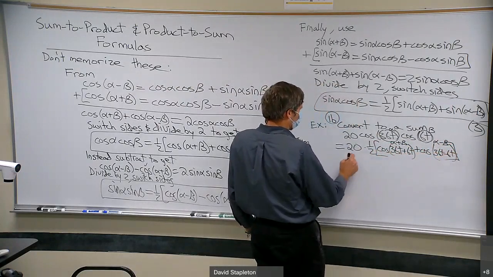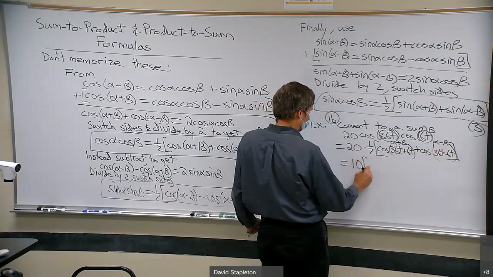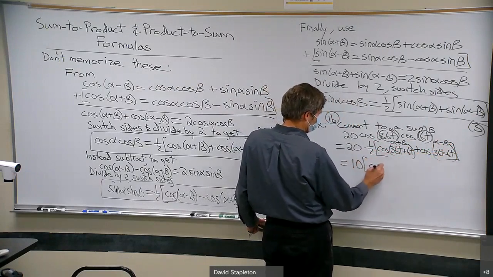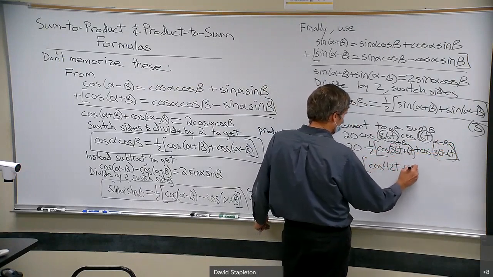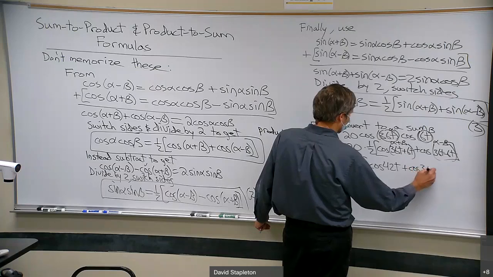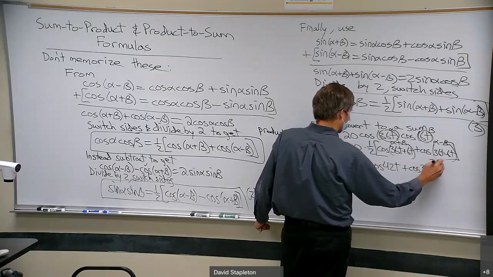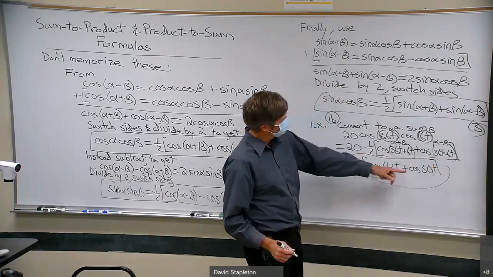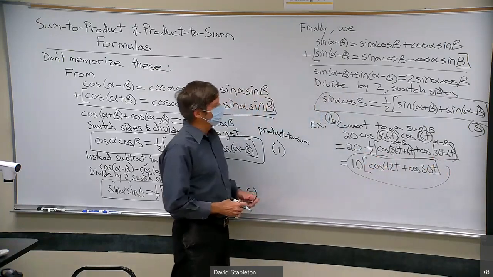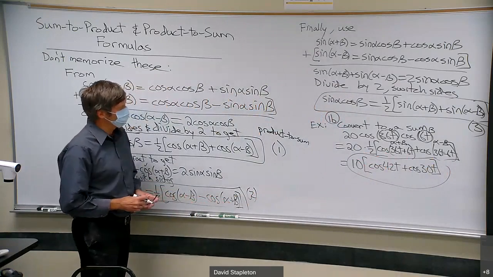And this simplifies, right? 20 times 1/2 is 10, and that multiplies cosine of 42t when I add those together, plus cosine 30t when I subtract those. There we go. Or you can call it 10 cosine 42t plus 10 cosine 30t. I'm just looking for that if I say convert to a sum.